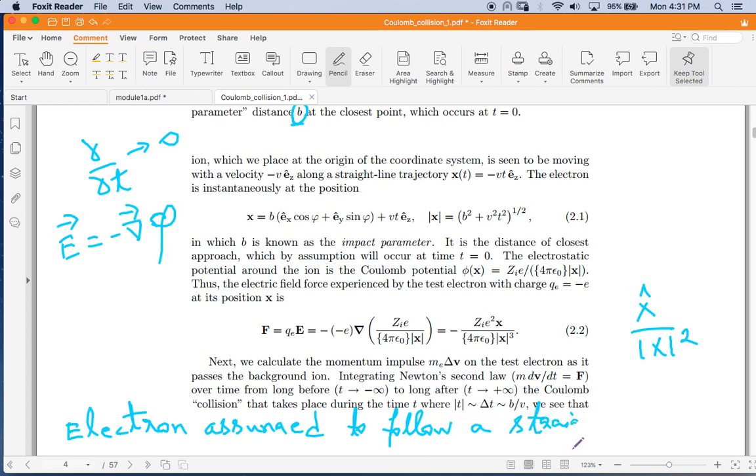Now this might puzzle you a little bit. I thought it was a collision. There has to be deflection, right? I mean, without a deflection, what's a collision?